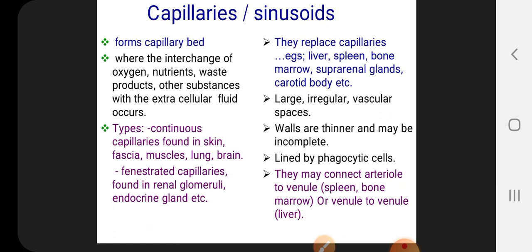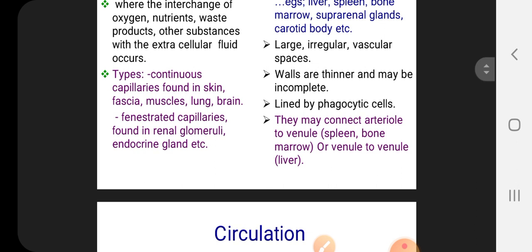The sinusoids replace the capillaries. Examples: sinusoids are present in liver, spleen, bone marrow, suprarenal gland and carotid body. They are large, irregular vascular spaces. The walls are thinner and may be incomplete. They are lined by phagocytic cells.